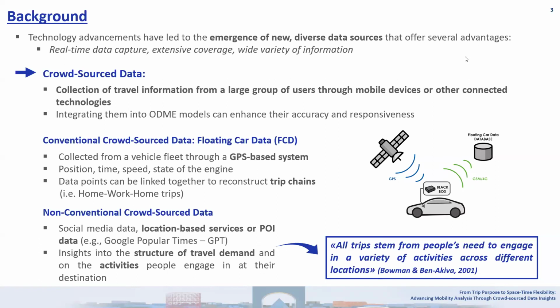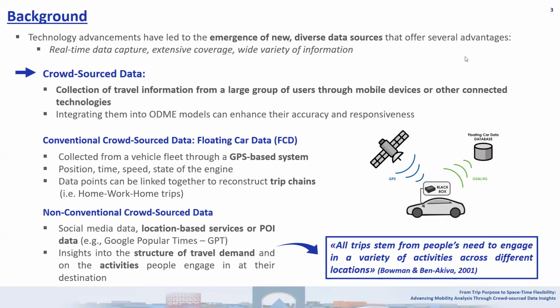Maybe you know that when you search for a restaurant on Google, you see a trend of visit patterns during the day. These are the Google Popular Times, which can be both offline data or online data, and can give us very strong information about the visit patterns of users in some activities.